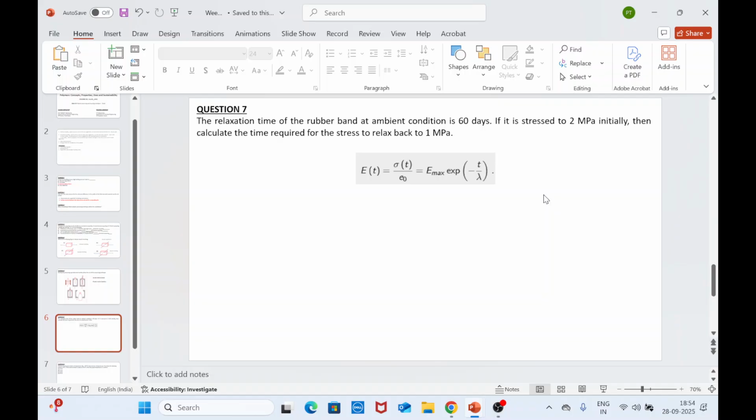No, we cannot state that because we don't have any relation stating stress is directly proportional to time.